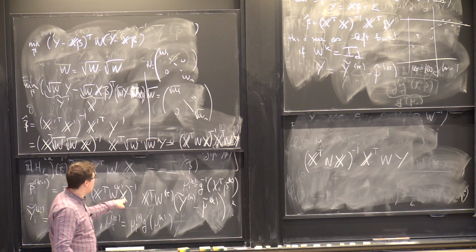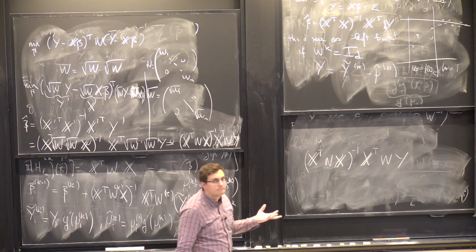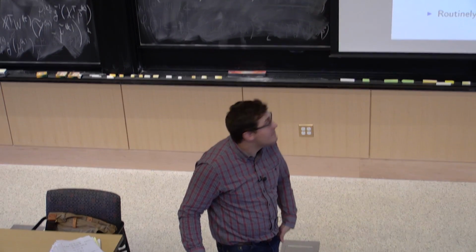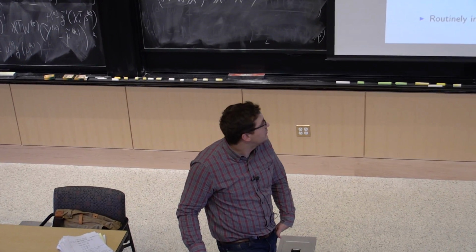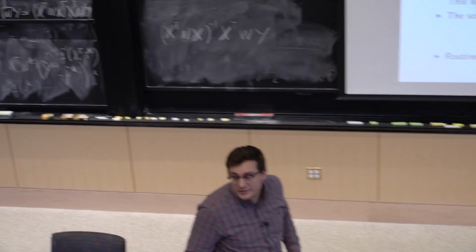And what I claim is that this is routinely implemented. As you can imagine, heteroscedastic linear regression is something that's very common. So every time you have a least squares formula, you also have a way to put in some weights. You don't have to put diagonal weights, but here that's all we need.